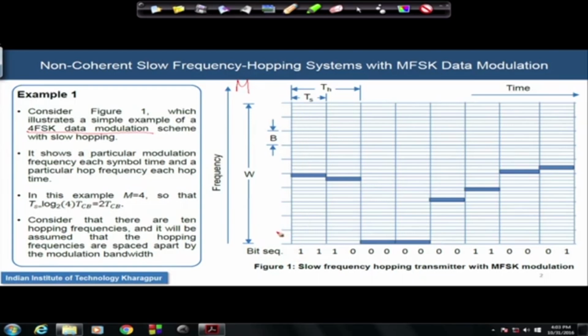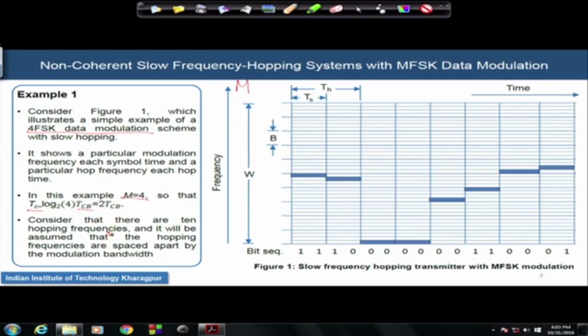Here we have considered that the bit stream entering for modulation has a bit duration of Tb. Hence, if I consider capital M equal to 4, the symbol duration Ts is equal to twice Tb.